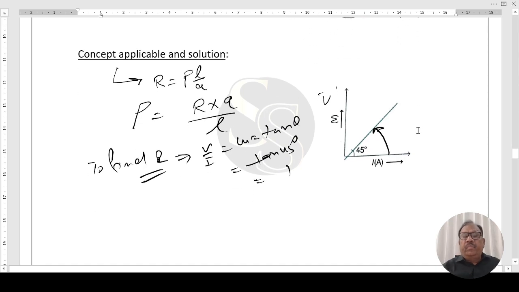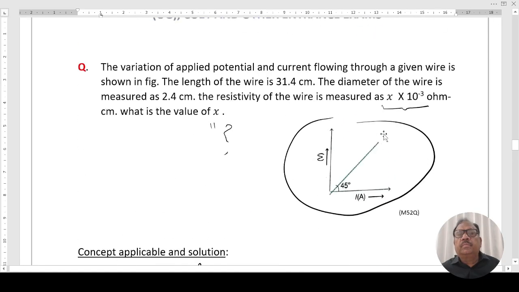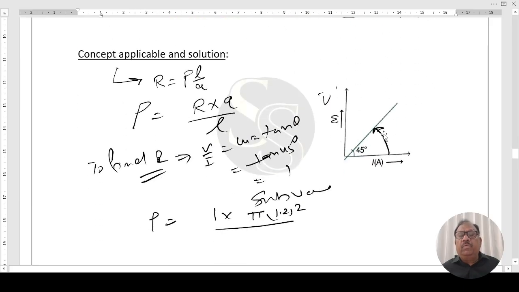Substituting values. Rho equal to R into pi r square divided by L, that is 1 into pi into 1.2 whole square divided by 31.4.